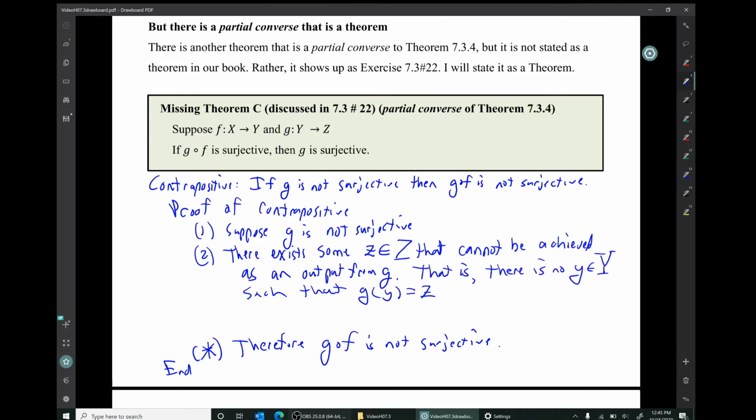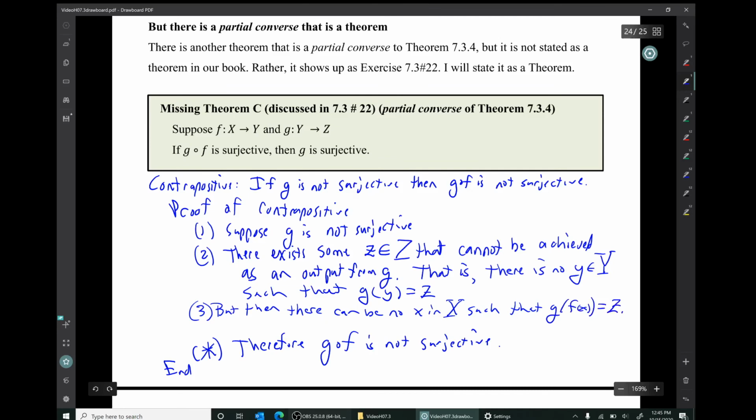But that means the following. If there can be no y in capital Y such that G of y is z, then that means there can be no x in set capital X such that G of f of x equals z.